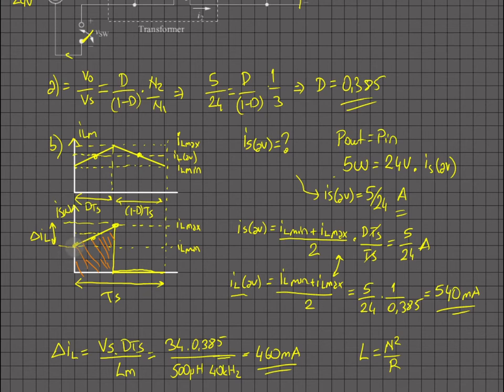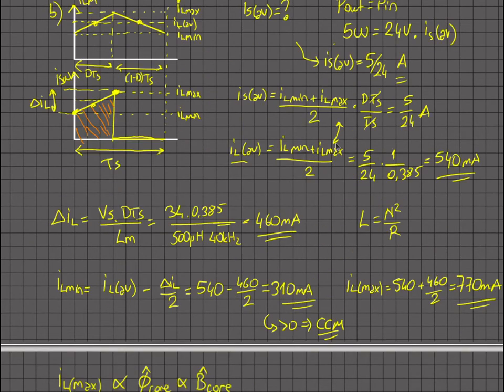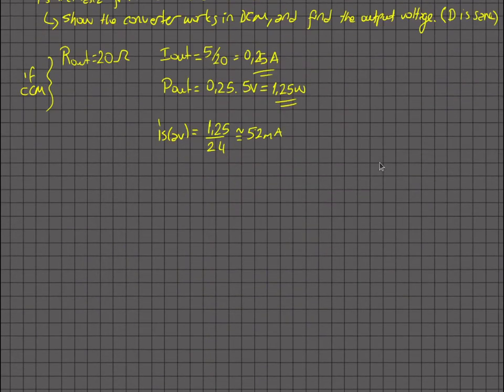But again, this is the source current, and this is the overall average. What I want to find is IL min plus IL max divided by 2, or IL average, the same as we did before, and that is equal to the average source current divided by the duty cycle.